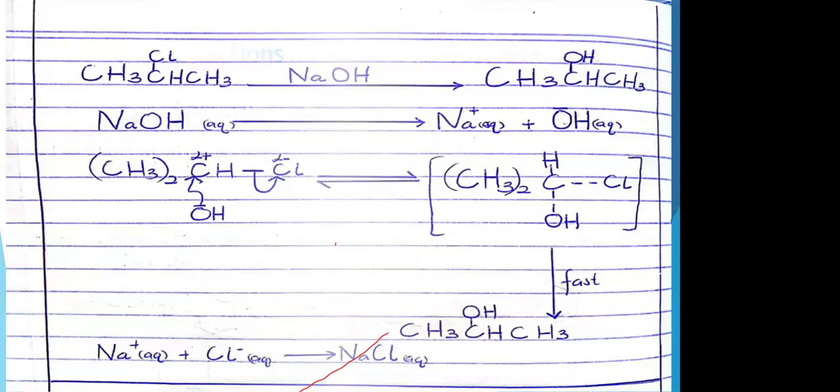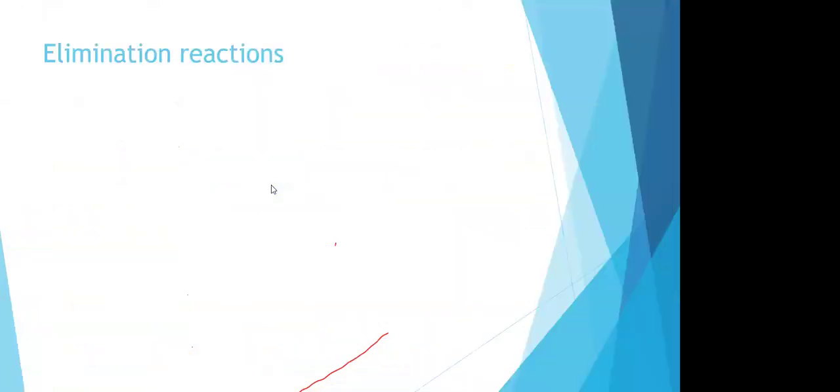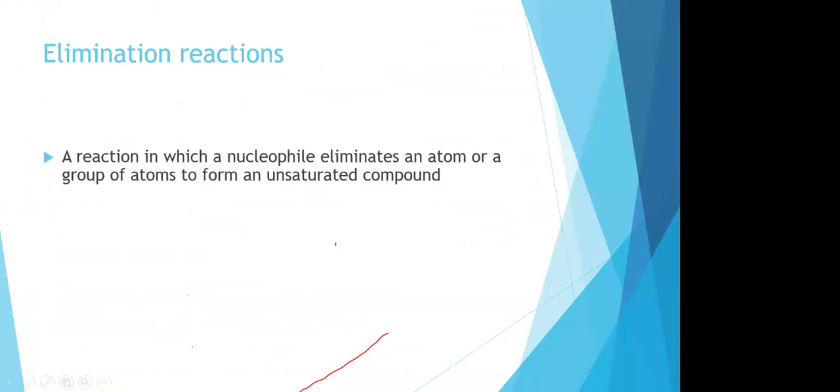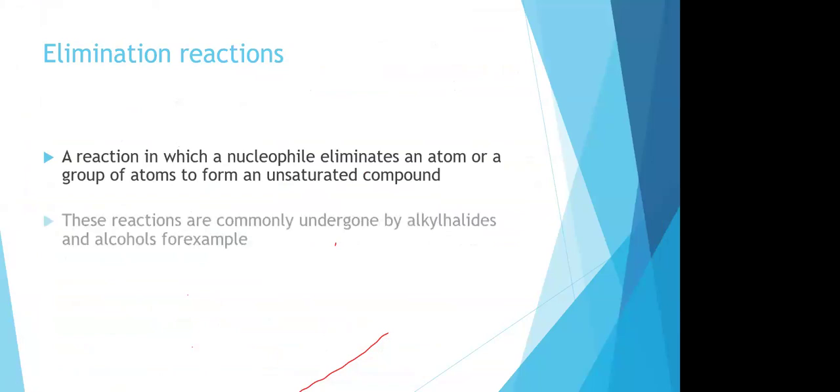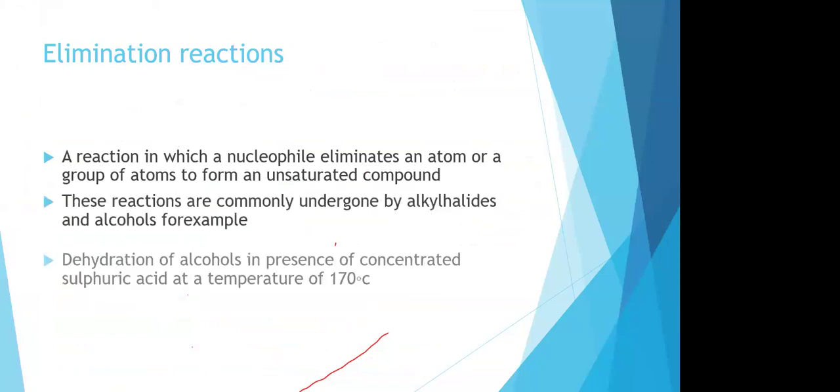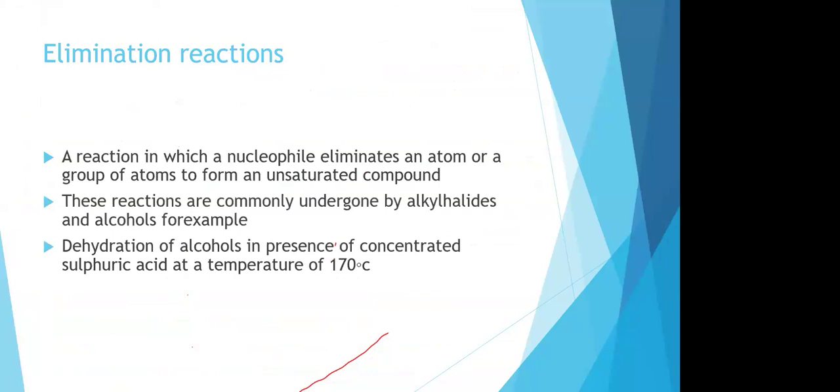Then we have, I think this is the last reaction, elimination reactions, a reaction in which a nucleophile eliminates an atom or group of atoms to form unsaturated compounds. So here we shall find out that saturated compounds lose some atoms, and then we form unsaturated compounds.